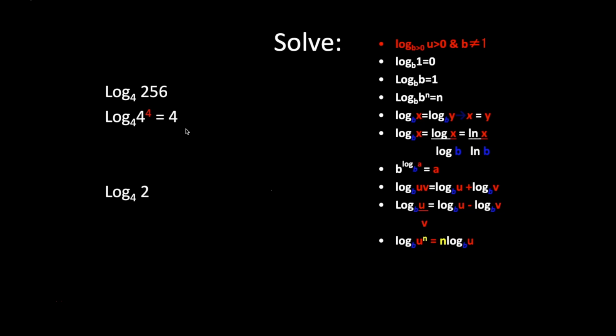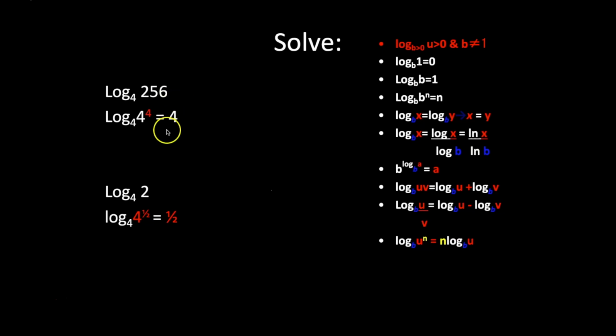Ooh, log base 4 of 2. Can 2 be written in base 4? Yes, it can. 4 to the half power. Did you know that the 1/2 power means square root? What's the square root of 4? 2.